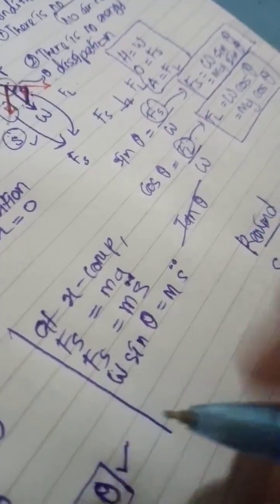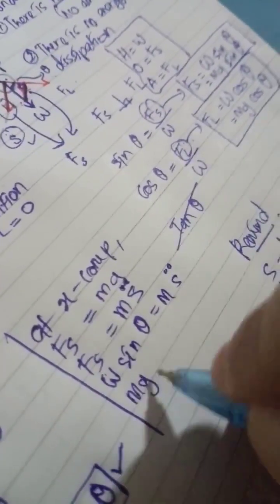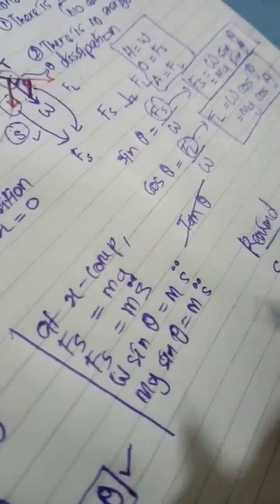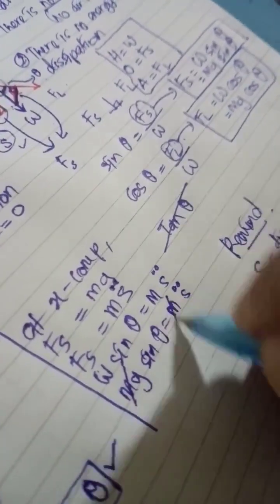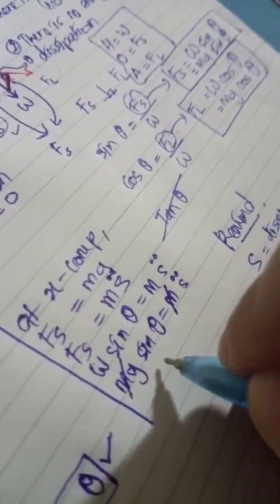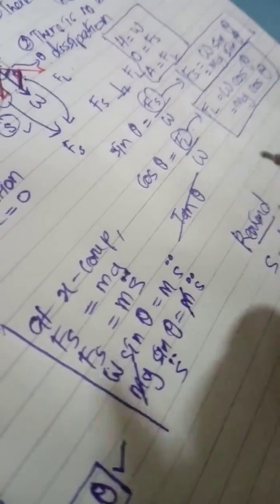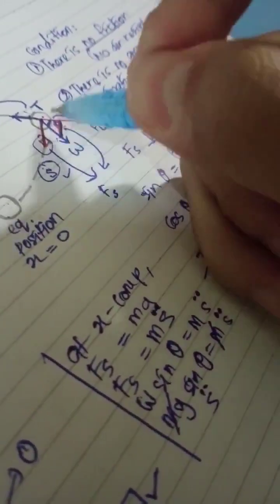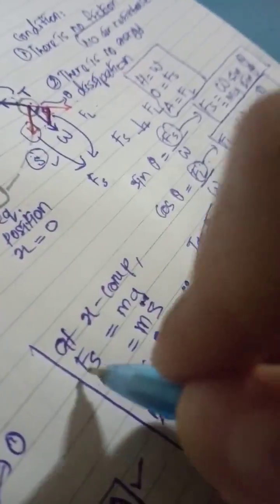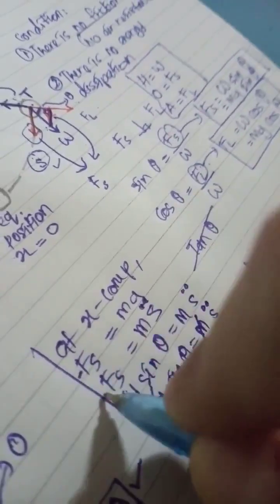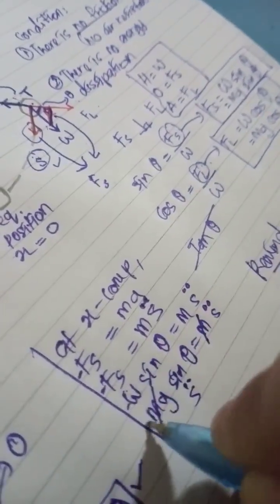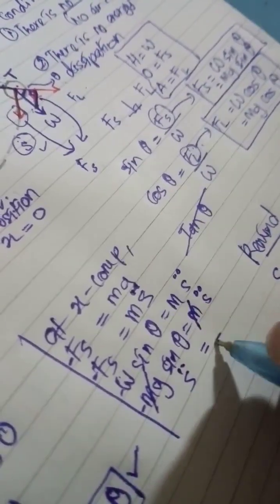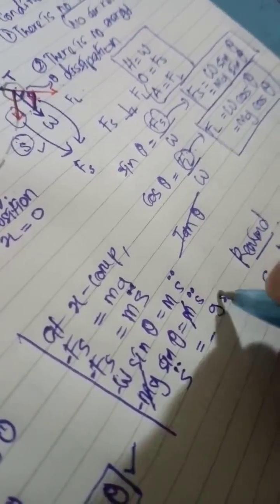Breaking down W, which is mg sine theta, equal to m s double dot, the m cancels, so we get s double dot. Sorry, since Fs is directed to the left, Fs has a minus sign here. So we get s double dot is equal to negative g sine theta.